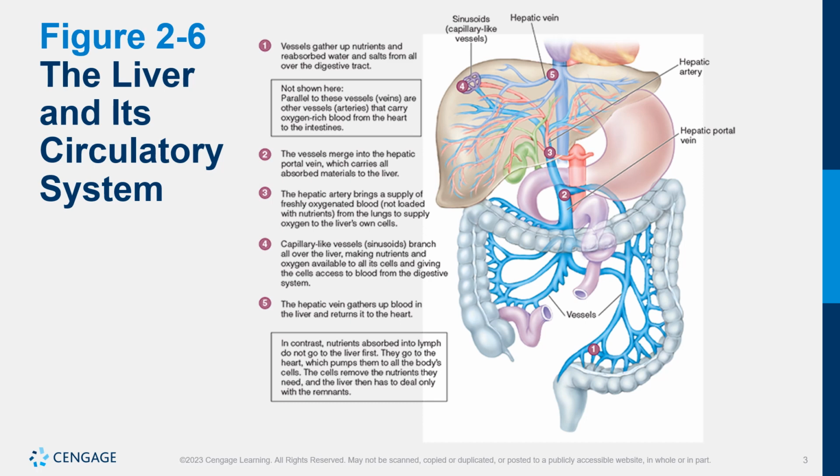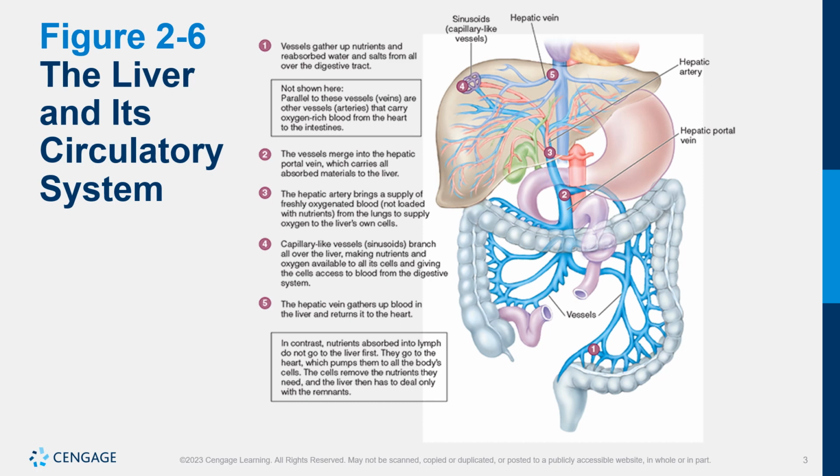This illustration shows in detail what is happening. So, the hepatic portal vein brings nutrients from the gut, specifically the small intestine, into the liver.